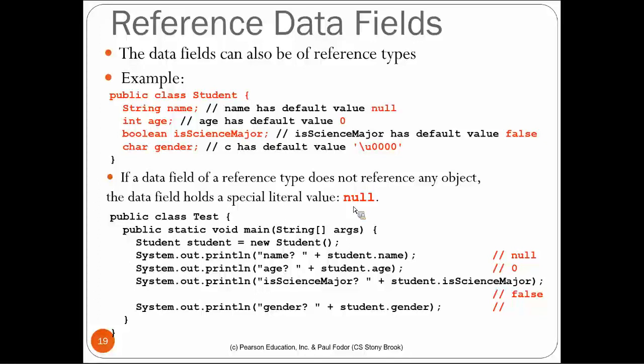If we create an object instance of that class, like for instance in a main method we create a new Student object, we can actually access the data fields name, age, isScienceMajor, and gender. And they will have values. Reference type fields like strings will have the null reference. The age, since it's an integer, a number, will have the default value 0.